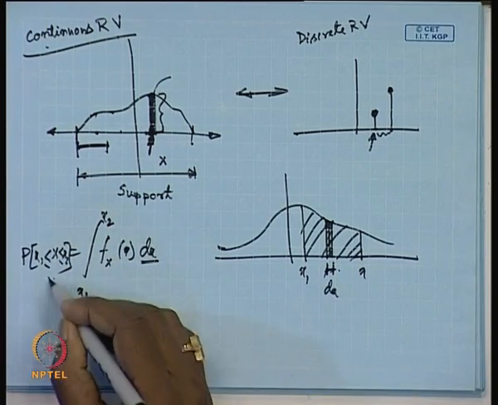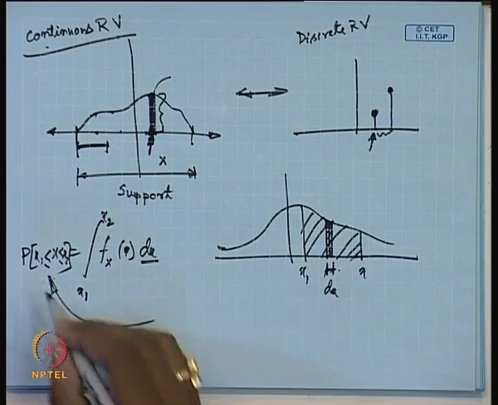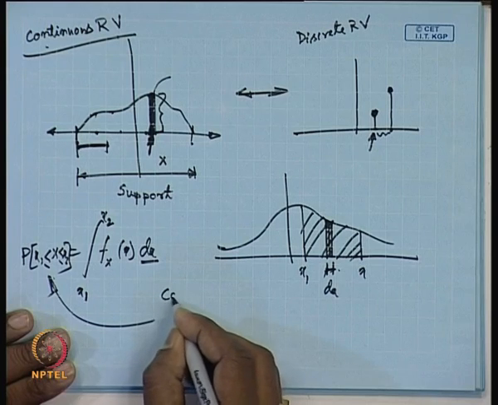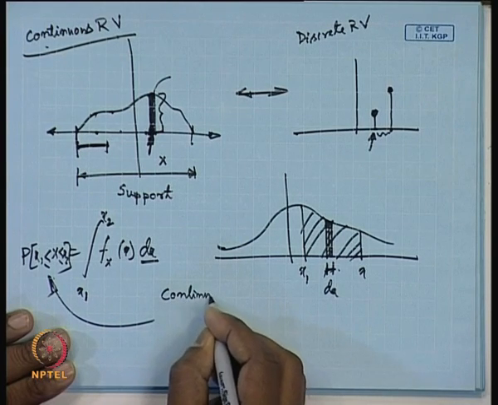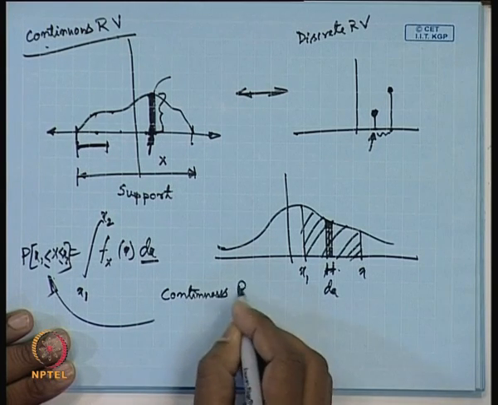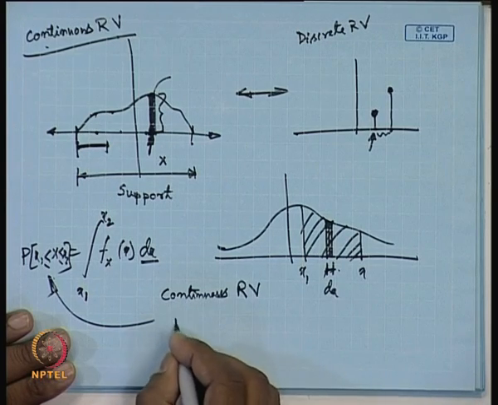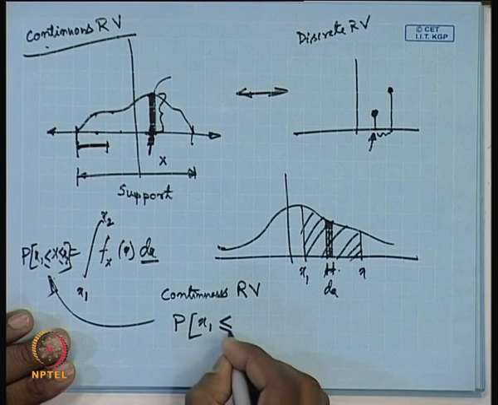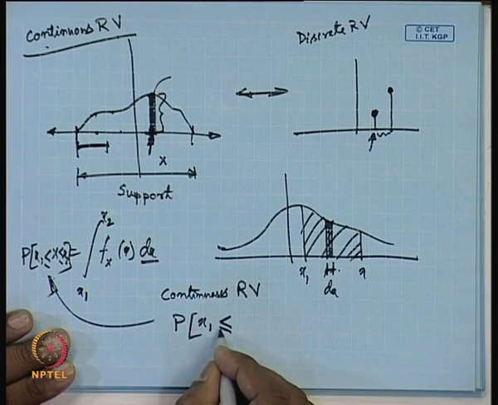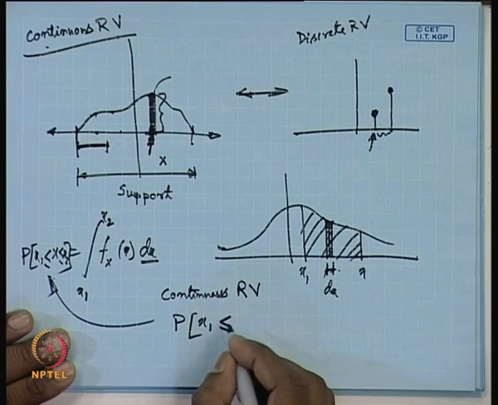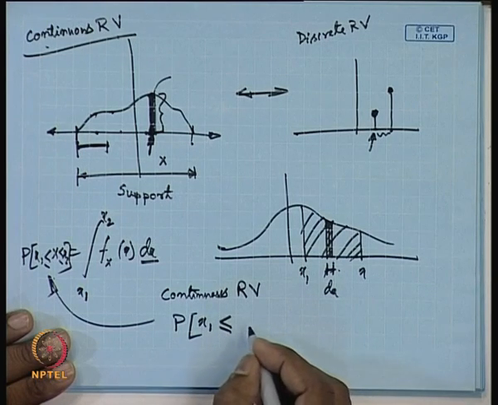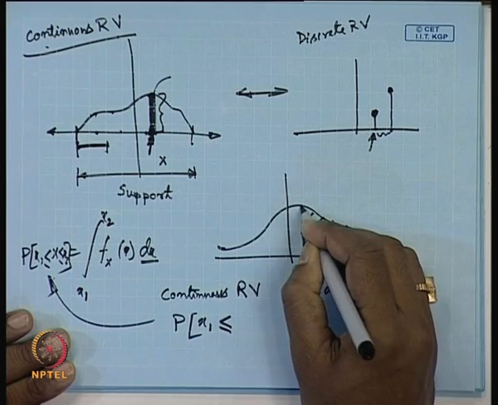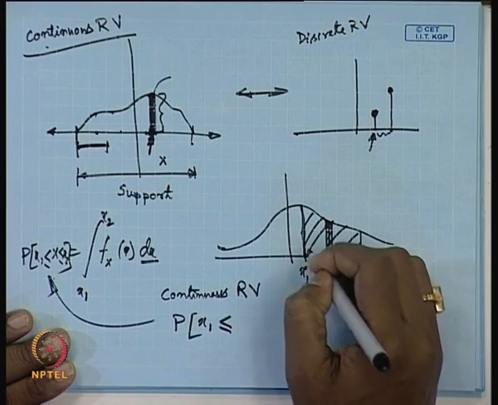Now one thing here is again important, so far as the continuous random variable is concerned. The probability that x1 is less than or equal to x, I am stressing this equal to sign: having the equal to sign or not having it doesn't mean anything, because for a specific value the probability is 0.